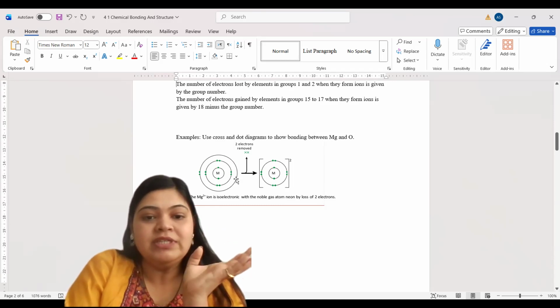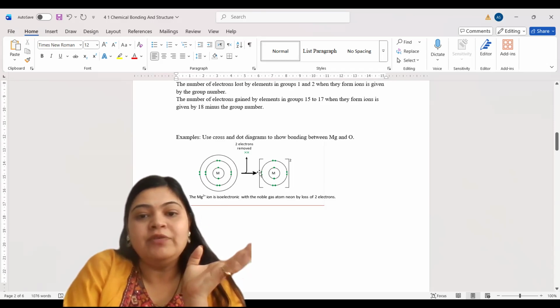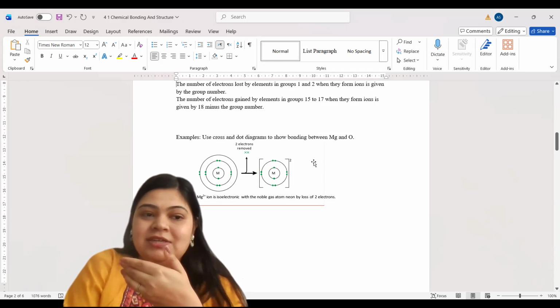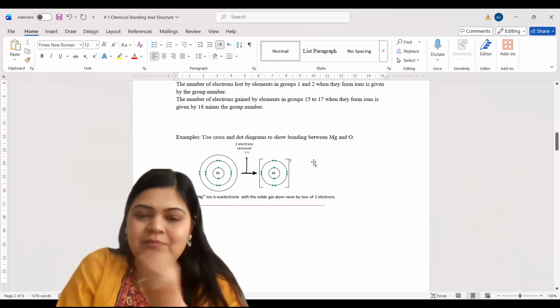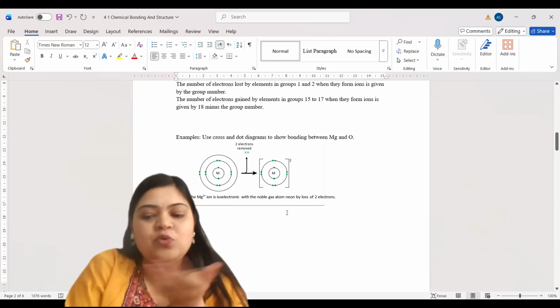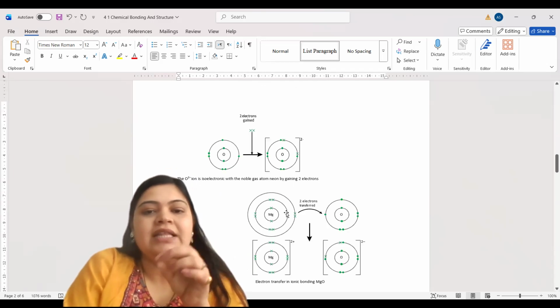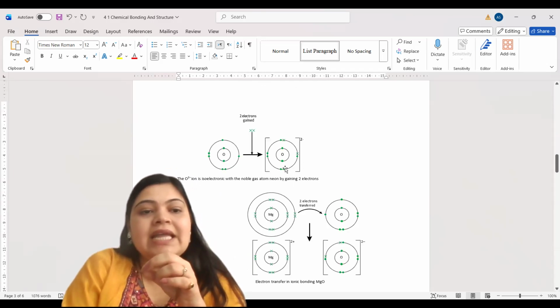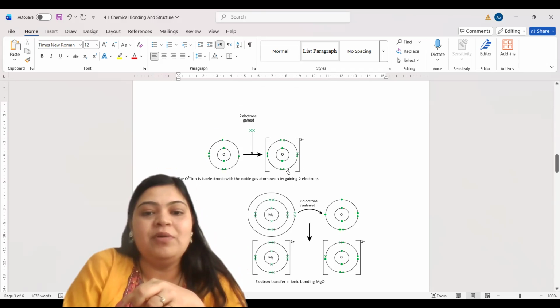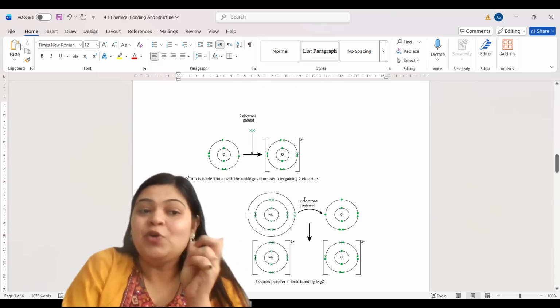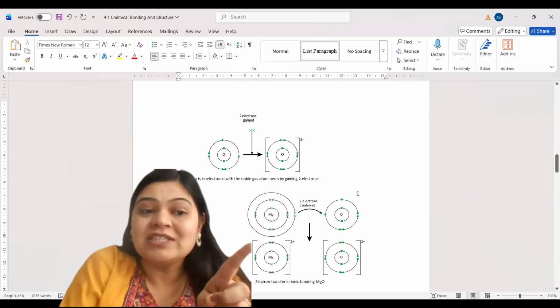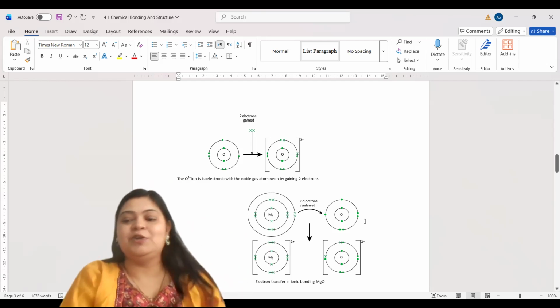So 8. And outside there are 2 electrons. Now these 2 electrons are going to be involved with the sharing. It is going to be easily shared, basically. It is going to lose its electron. And then oxygen is going to gain those 2 electrons and form a bond with magnesium, called magnesium oxide. Hope this is clear to you, students.